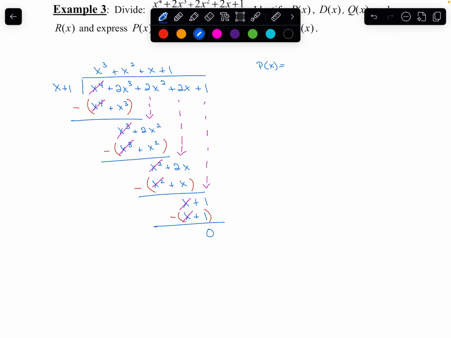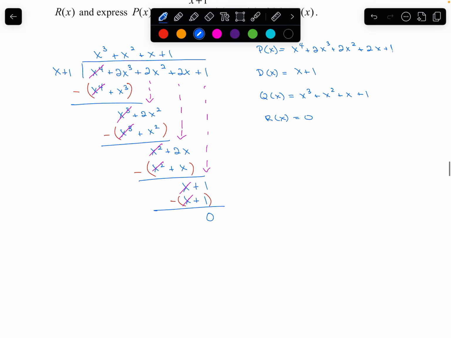So our polynomial that we were dividing is x to the fourth plus 2x cubed plus 2x squared plus 2x plus 1. Our divisor, what we're dividing by, is x plus 1. Then we have our quotient, which is x cubed plus x squared plus x plus 1, and the remainder, which is 0.